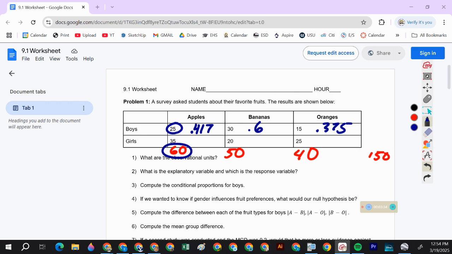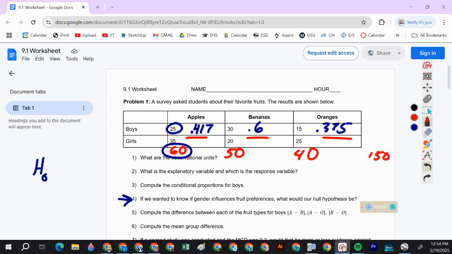And if we want to know if gender influences fruit preference, what would our null hypothesis be? So we would say H naught. Actually, I need to rewrite that. It should say, what is our null hypothesis to see if all of the fruits are equally preferred? That's what it should say. So we're testing, are these numbers the same?